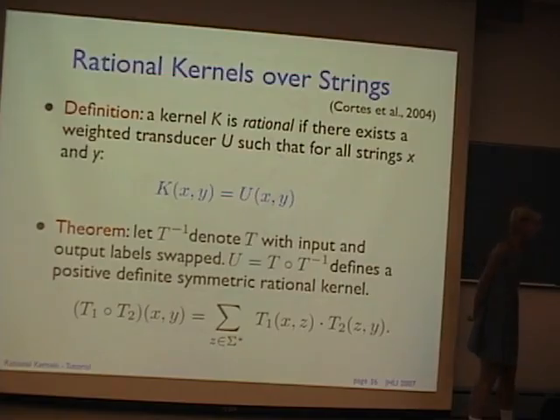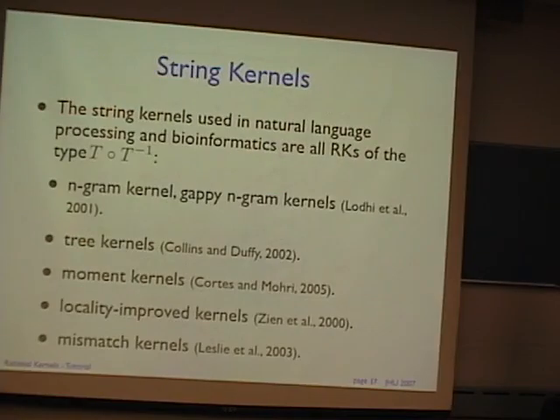Because one reason we conjecture it is based on some closure properties, but another thing is that all the kernels that we have found in the literature over the last 5-10 years can actually be expressed as these T T minus 1. If you take all the papers you've seen in computational biology from computer science people, they come up with a similarity measure.